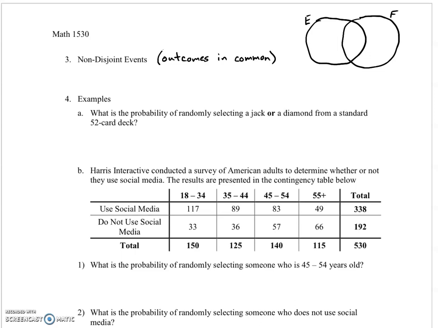So if we use the same formula we used before, which is the probability of E or F equals the probability of E plus the probability of F, we encounter a problem. We encounter the problem because when we do the probability of E, that's everything that I'm shading yellow right now.